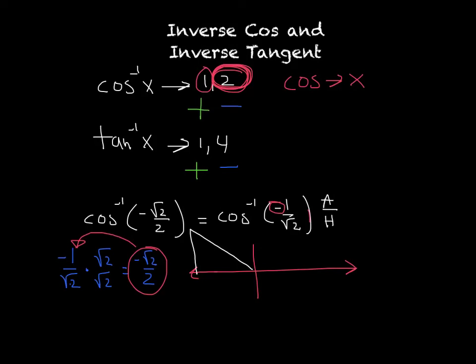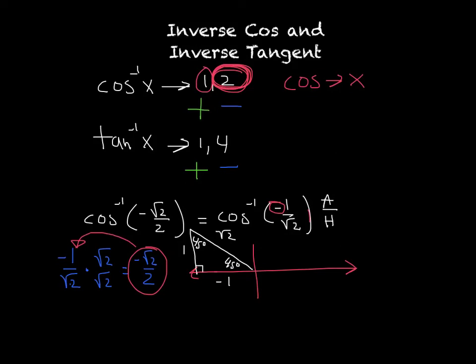So your adjacent is going to be your -1, your hypotenuse is going to be your √2, and then that's going to be 1. So which triangle have we been studying for a couple weeks now? That is 1, 1, √2.